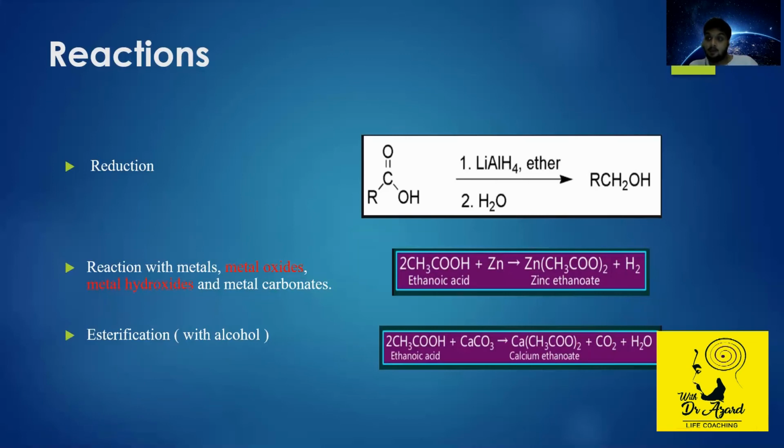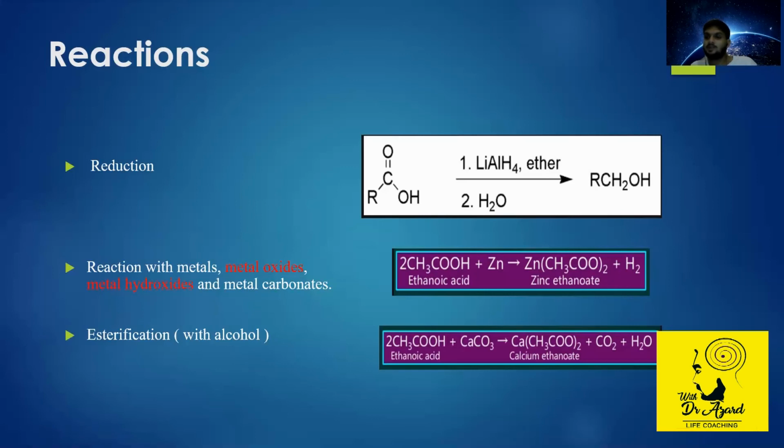The way we are able to obtain carboxylic acids, for example ethanoic acid, maybe propanoic acid, is that we have to oxidize an alcohol to obtain the desired carboxylic acid. I discussed this in the previous video, but I just wanted to emphasize it once again.